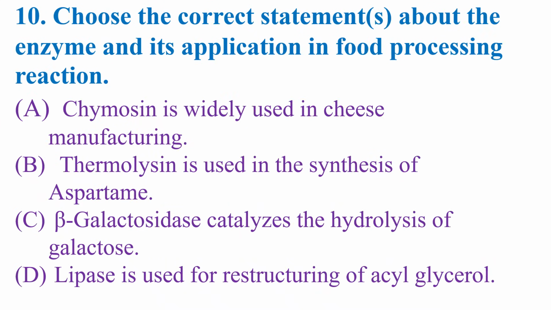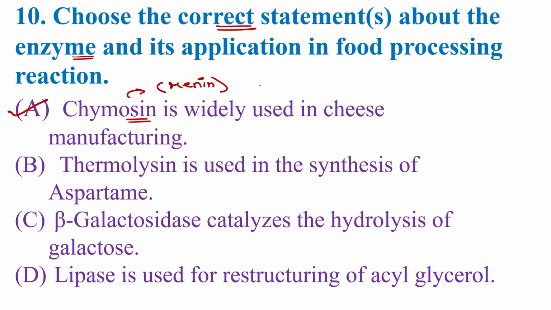Question number 10, we have to choose the correct statement about the enzyme and its application in the food processing reaction. So first one, that is chymosin. It is widely used in cheese manufacturing. Chymosin means rennin. So it is widely used in cheese manufacturing industries. So this is true since this chymosin, it coagulates the milk protein, that is the casein.